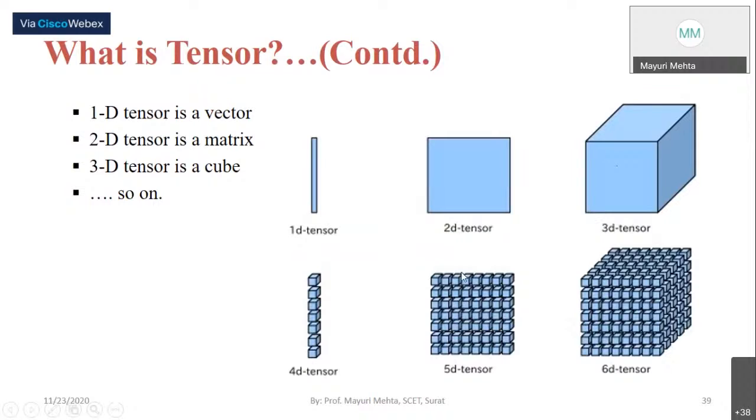You can also have a 5-dimensional tensor: a matrix of cubes, or a cube of cubes. Thus you can have an n-dimensional tensor, because a tensor is nothing but an array, and if you can have an n-dimensional array, you can have an n-dimensional tensor.